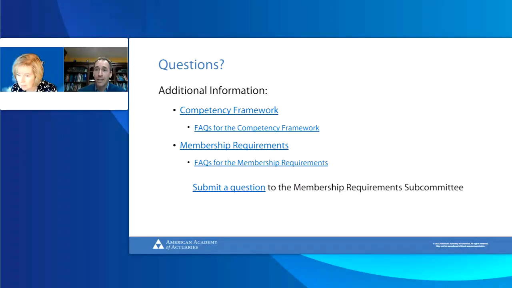And I believe the intent with the membership requirements is to similarly say you have to have achieved that credential in order to join the academy, but you do not necessarily have to be maintaining that credential in order to join the academy. But I will reiterate again that that is a different requirement than the USQS.